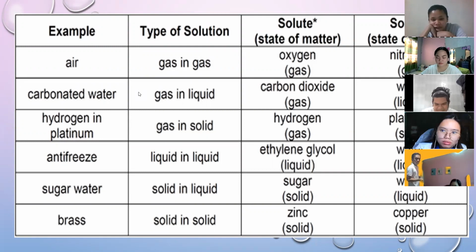Not with condensation. What happens is the carbon dioxide gas is dissolved in the liquid through pressure, so there are no changes in the phase here. The carbon dioxide gas will remain a gas but it is dissolved, mixed into the liquid through pressure.